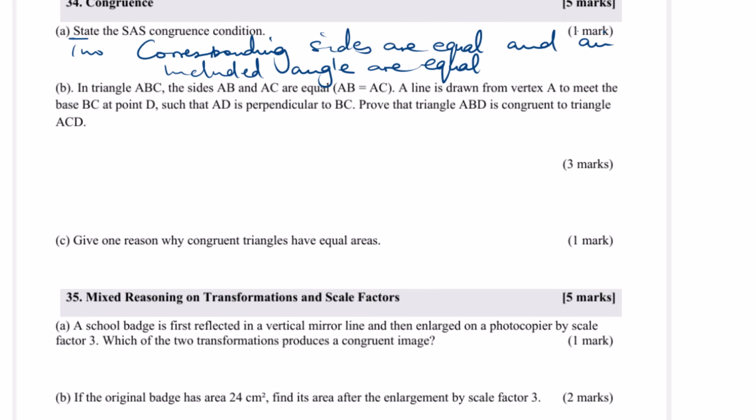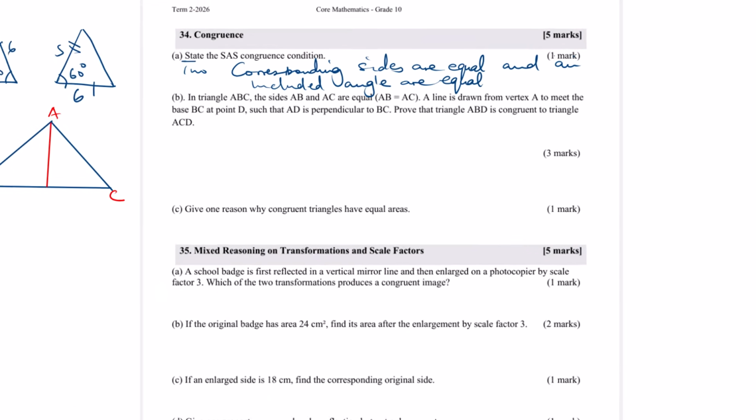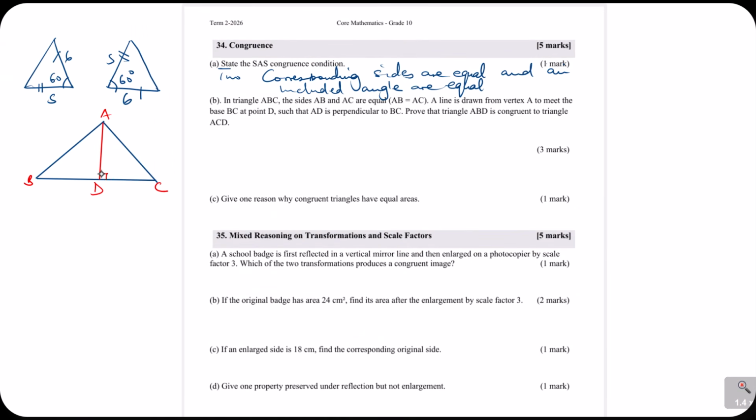So that is a triangle, and the triangle is named as A, B, C. A line is drawn from the vertex to meet BC at D, such that AD is perpendicular. Given AB is equal to AC, you're supposed to prove that ABD is congruent to ACD.